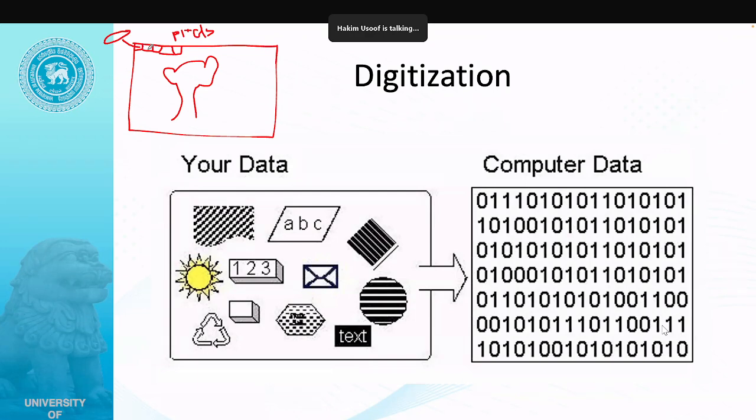So if you take it with a digital camera, the digital camera captures all these little dots and converts them into binary form, and then it stores it. When I open this picture on my screen, it is also little dots. Each of these dots is colored by the binary data stored about each pixel.